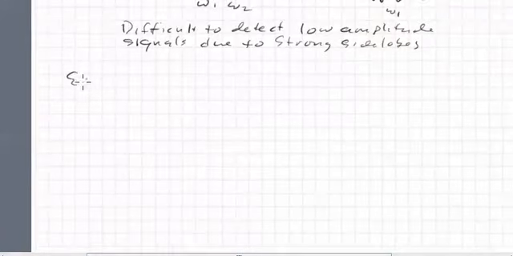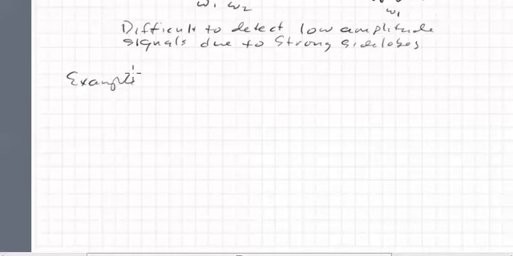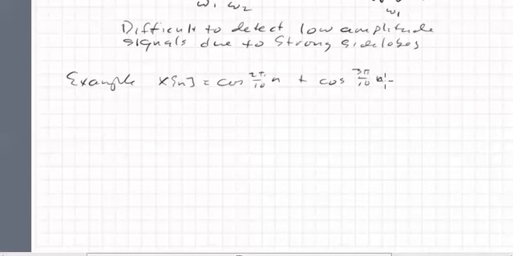So as an example, suppose we have two sinusoids, and they're very close together. 2 pi over n and 3 pi over n are their frequencies. How many samples, n, do we need in order to resolve these two lines?